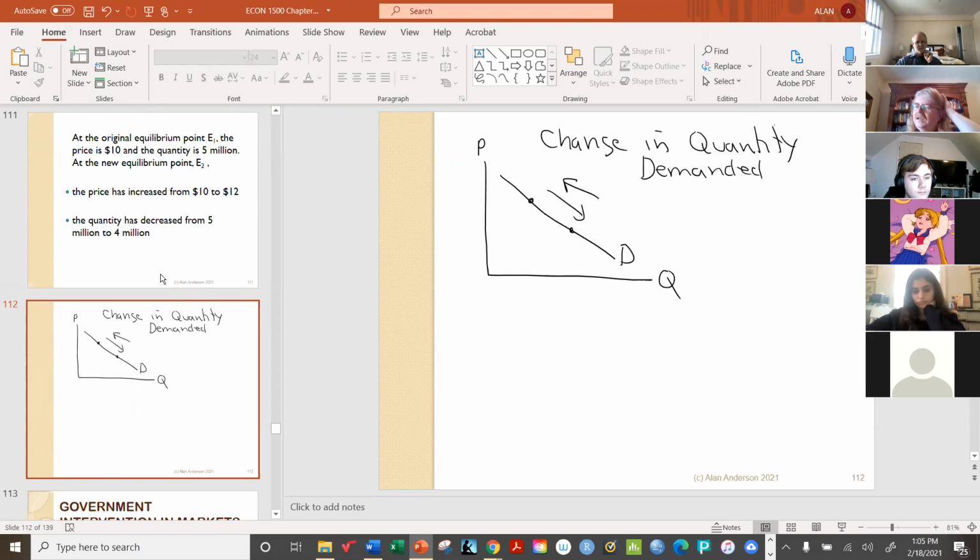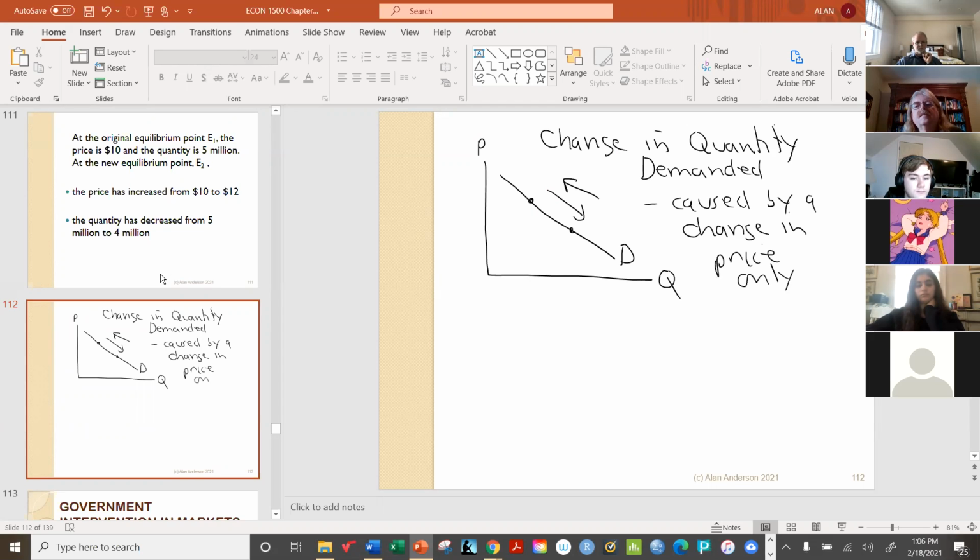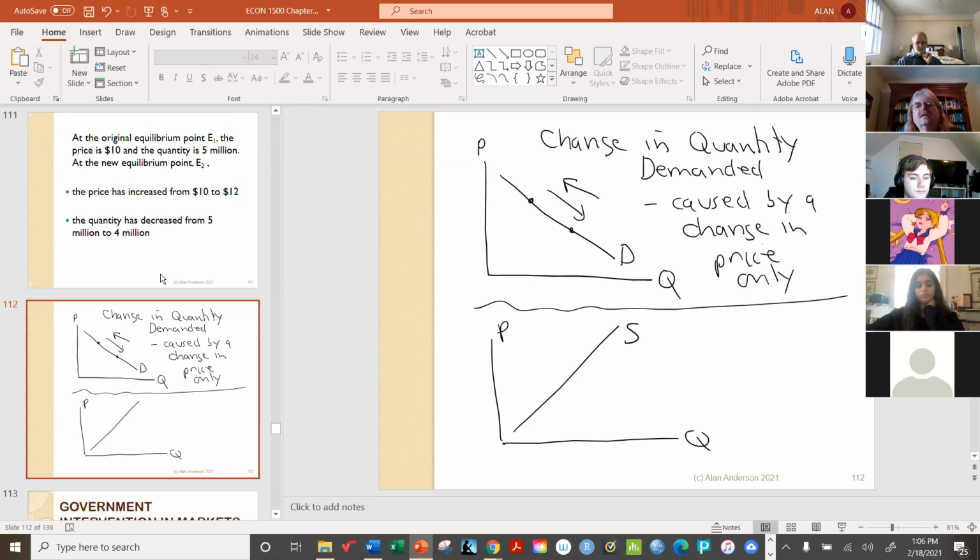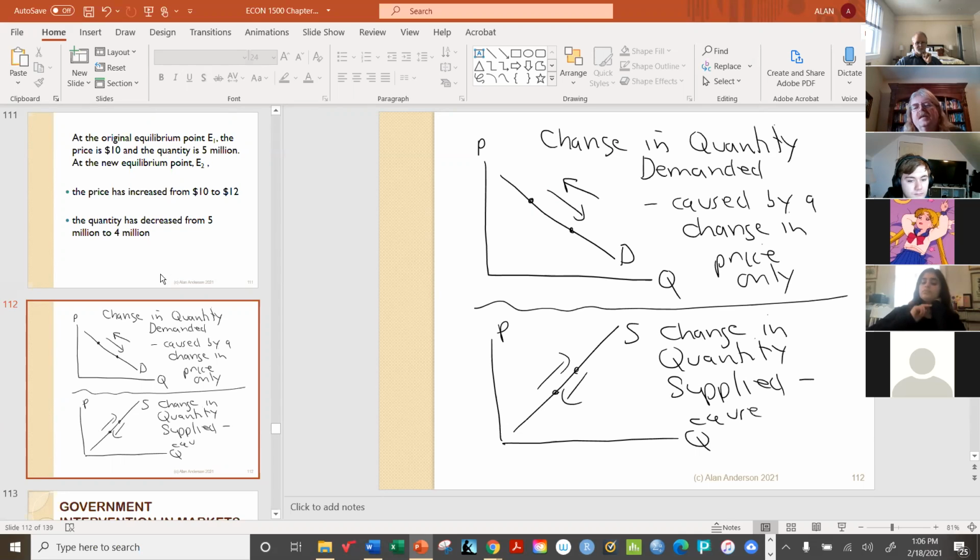It doesn't matter up or down. And that's caused by a change in the price. And then we had the equivalent with the supply curve. Any points here with the change in quantity supplied are caused by a change in price only.